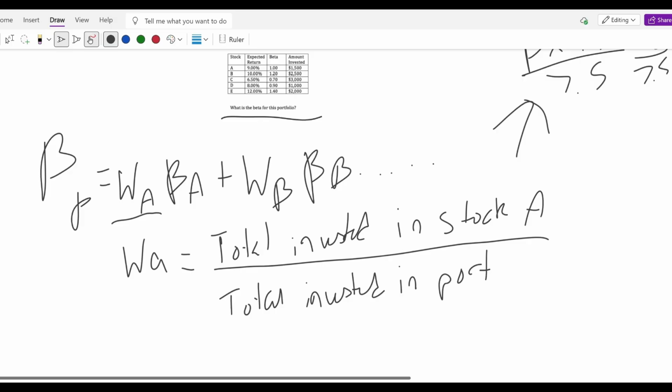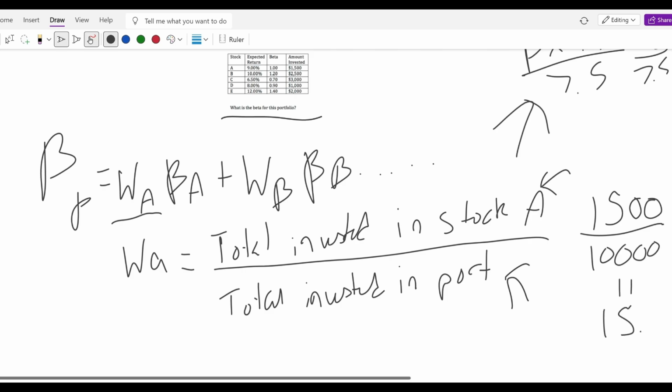We have to look at how much we invested in this stock versus how much we invested in everything to see the total weight. So if we look at stock A, we invested $1,500, and the total is $10,000. So that equals 15%.